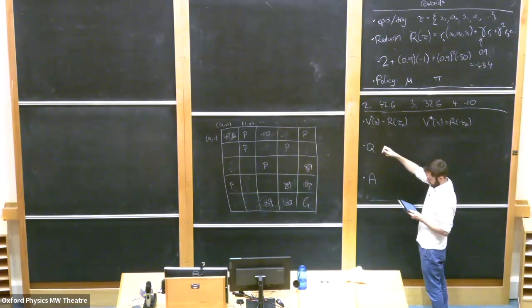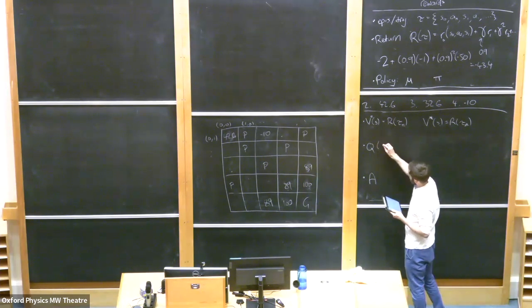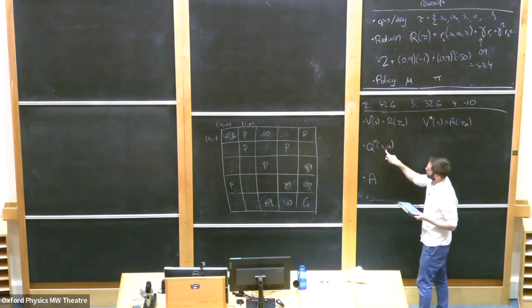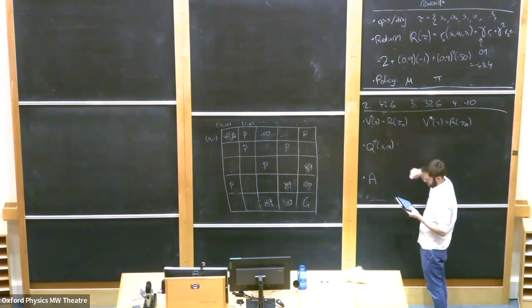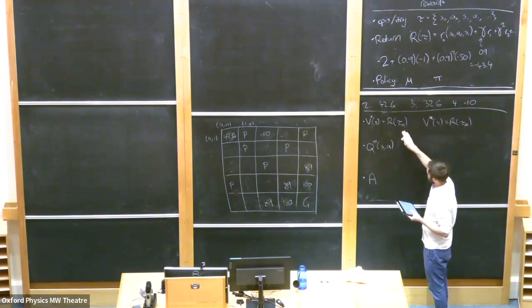Okay. Then you have something called an action value function, which says, if you're in this state and you take this action, and then after that, behave according to the policy, then what return would you get? So similar, but you actually take an action first, you end up at another state.